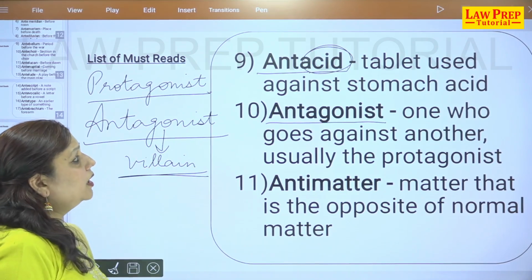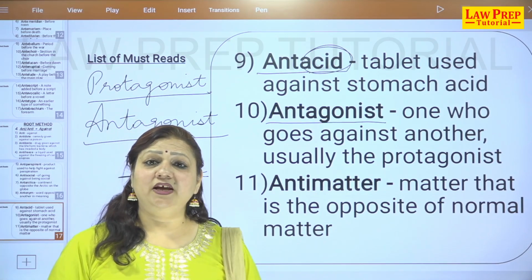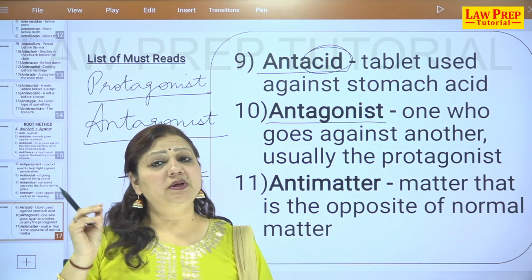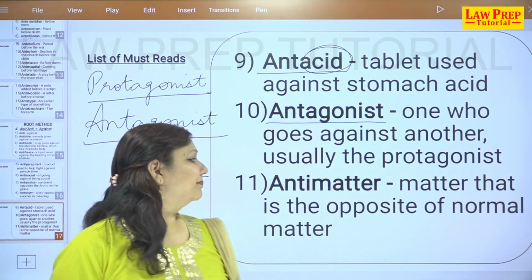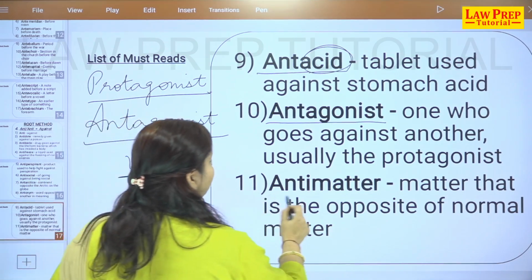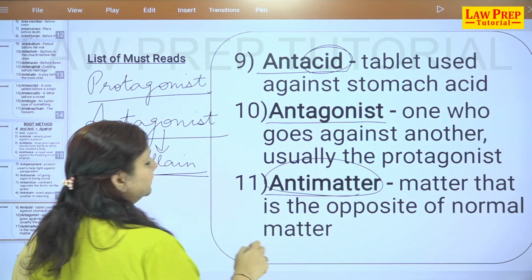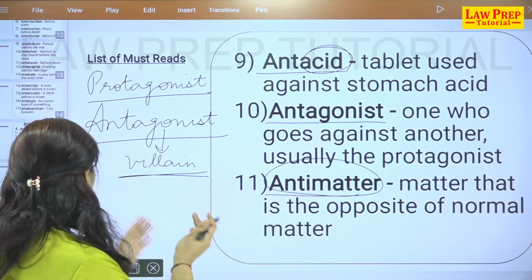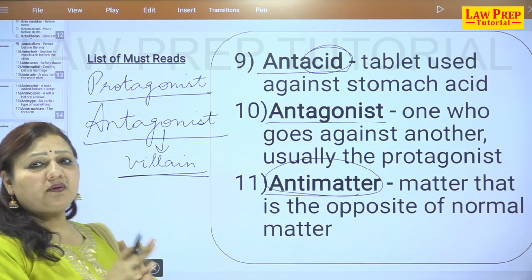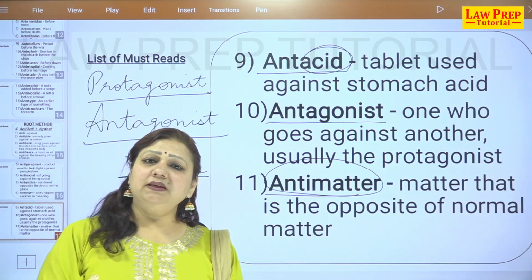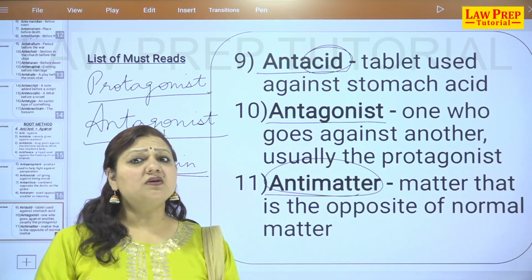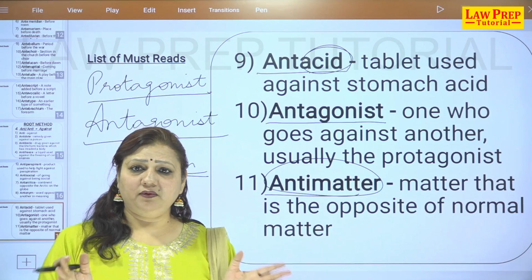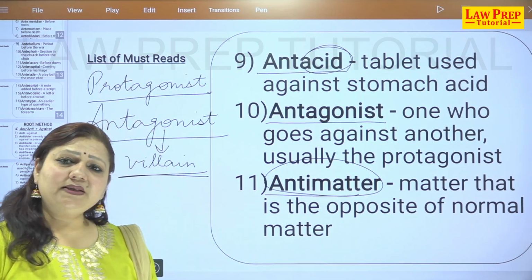Yes, in every Shakespearean tragedy, the antagonist is also given a very prominent role, right? And antimatter, matter that is opposite of normal matter, something which is against the normal order of matter, is antimatter. So you've come across the simple short little root, that is ant. It means against, something not in favor of it, and it will move to something which is negative, right? So this negative shade of character is clear to you?